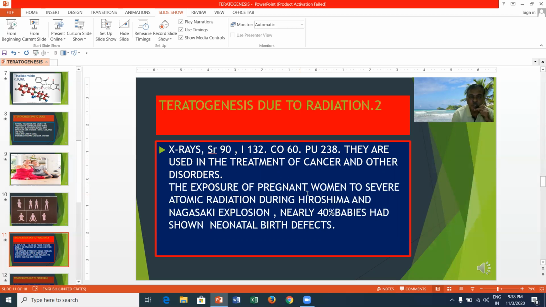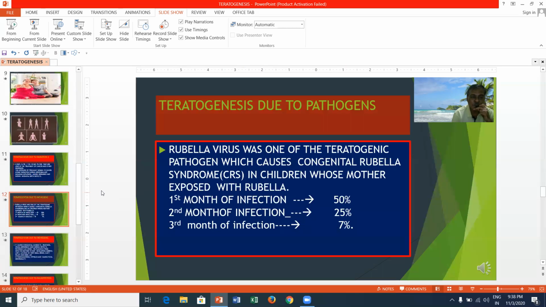Pregnant women were exposed to severe atomic radiation during the Hiroshima and Nagasaki explosion. This explosion was done by the USA in 1945, where the USA government dropped bombs on Hiroshima and Nagasaki in Japan. Nearly 40% of babies showed neonatal birth defects. This is mainly due to the radiation effect.